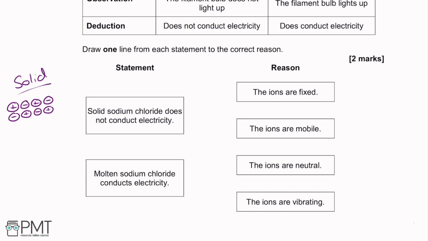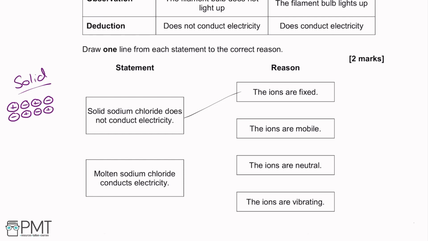Now, if you've covered electricity in physics, you might know that current is essentially the movement of charged particles. So essentially here, the solid sodium chloride won't conduct electricity because there are no charged particles which are able to move. The ions are fixed.